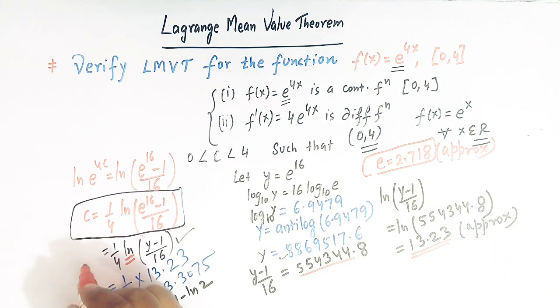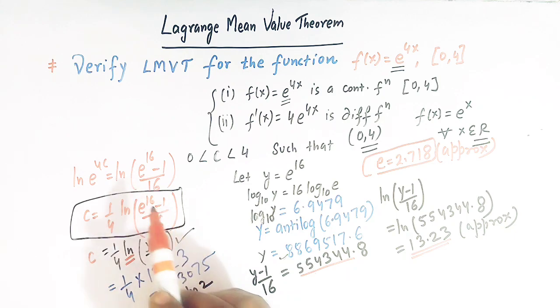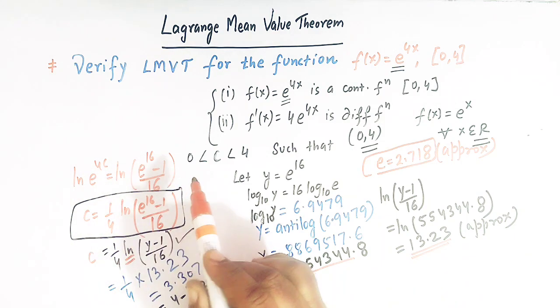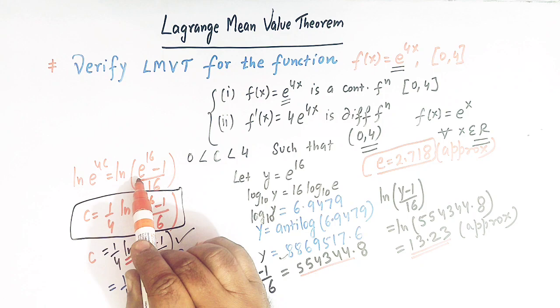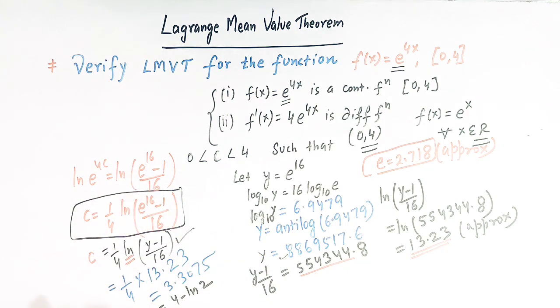So now the value of c is 1 by 4 times log of (y minus 1) over 16. So we have 1 over 4 times 13.23, right? When we divide 13.23 by 4, we'll get 3.3075, which is almost equal to the value of c calculated when we neglected 1 with respect to e raised to 16, right?